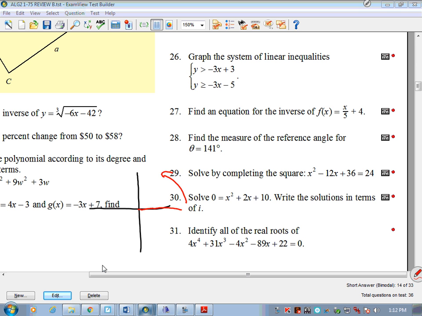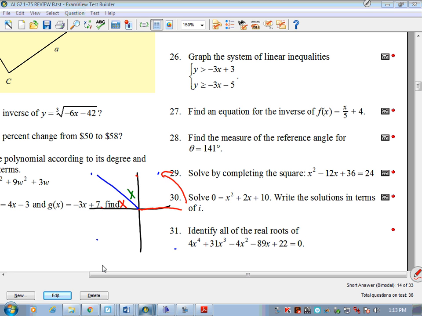Counter. Okay. 141 degrees. There's 90. Here's 180. Which quadrant is my terminal side going to be in? 1, 2, 3, or 4. So 2. It's going to look like this. All right. Is my reference angle in the blue or in the red zone?